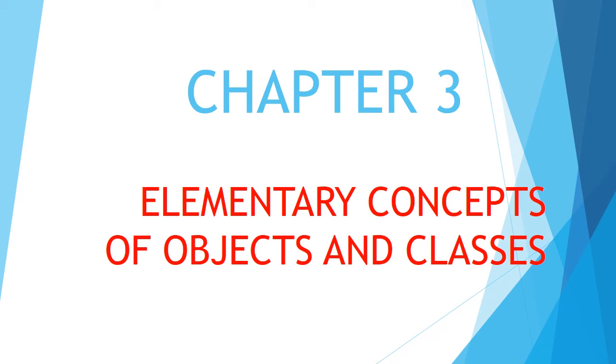Like in the example of dog, as you have seen, two objects can have different properties. One dog is with the color gray, white and black, and the second dog is with brown and white color. Their eye color can be different, their height can be different, their length can be different. In this way we can differentiate between two objects.